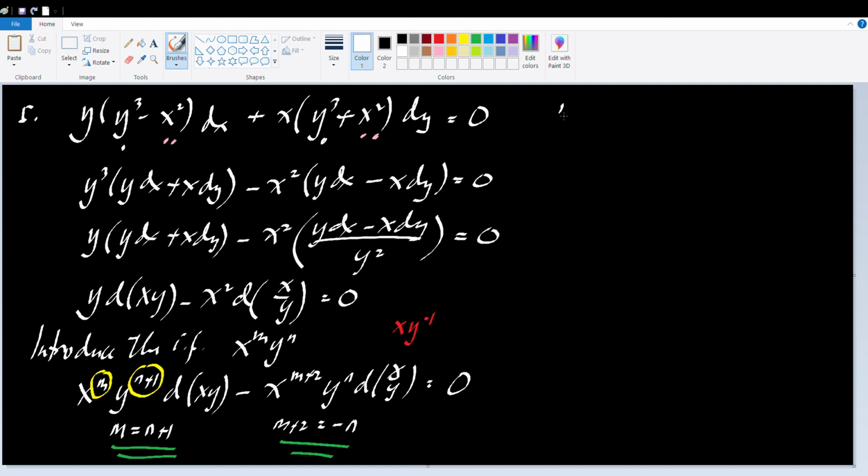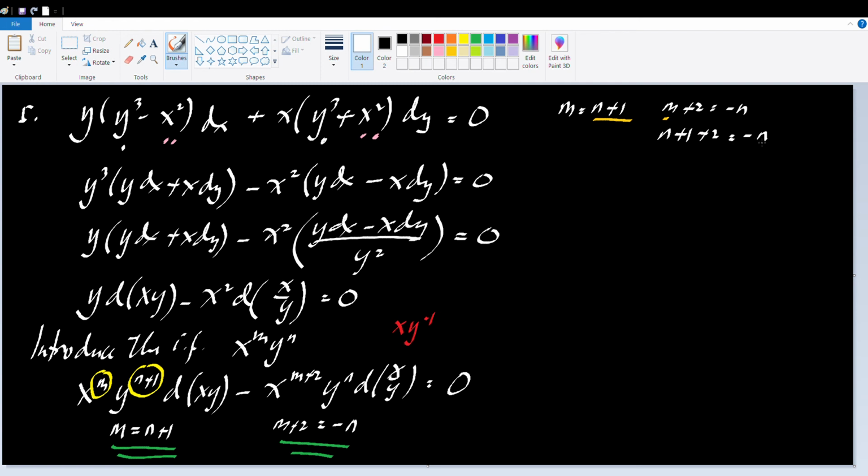Alright? So m is equal to n plus 1 and m plus 2 equal to negative n. So we replace m by n plus 1. So n plus 1 plus 2 equal to negative n.